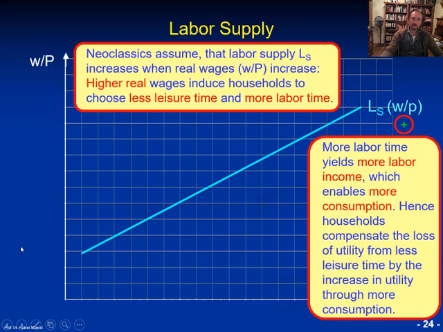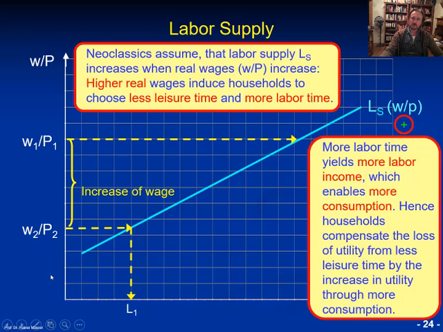If the real wage is relatively low, then labor supply is relatively low. Households prefer then to consume more leisure time. But if the wage rate grows to a higher level, then households will consume less leisure time and supply more working time to the labor market.